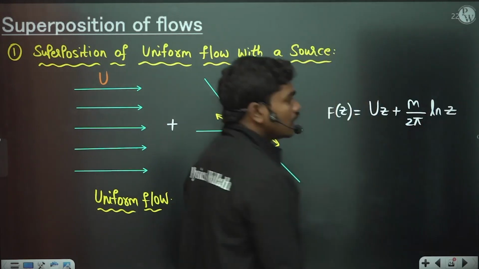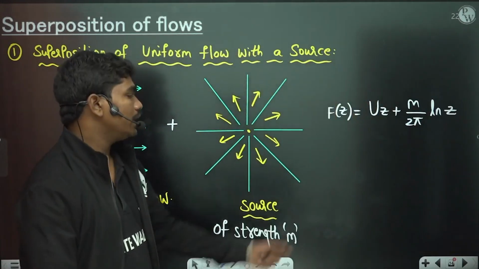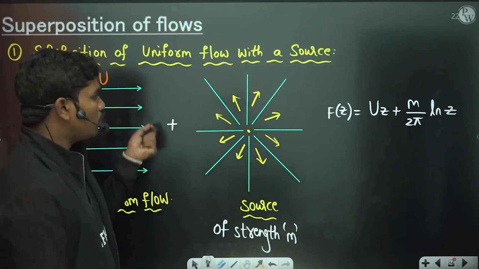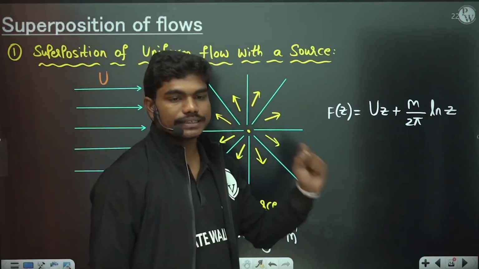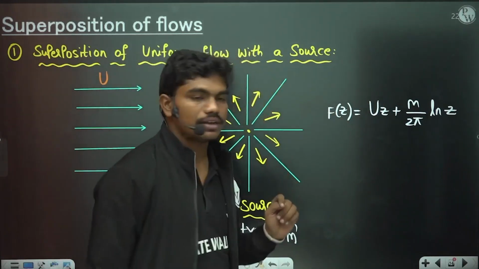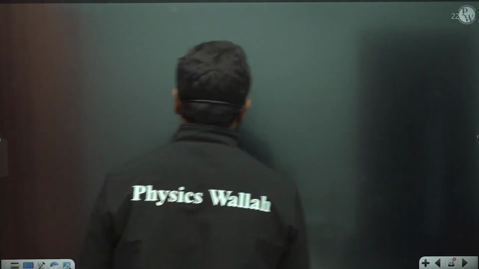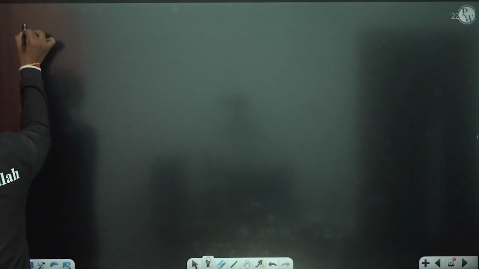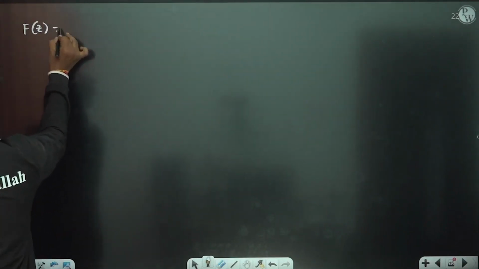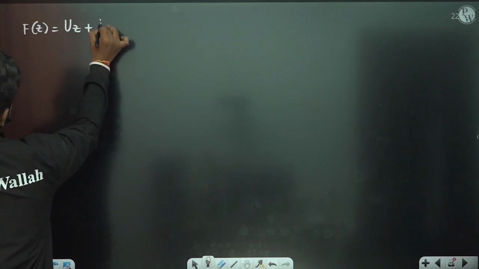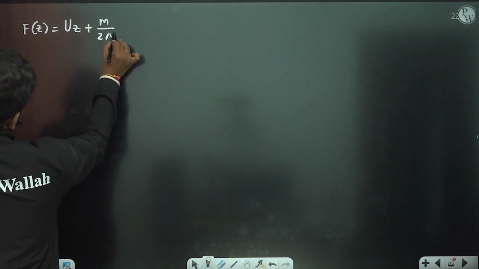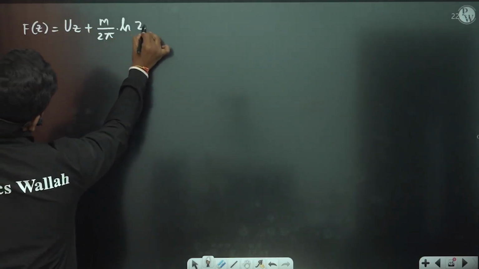So this is the complex potential function for this flow. Uz is due to this uniform flow plus this m by 2 pi ln z is due to this source. So in this case we have f of z is equal to Uz plus m by 2 pi into ln z.